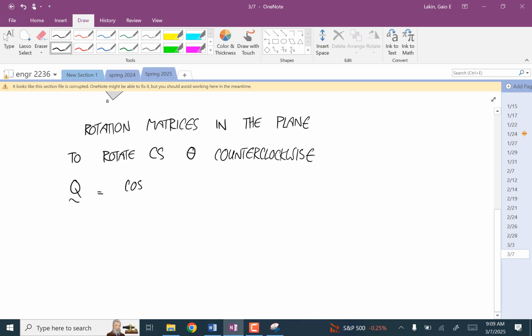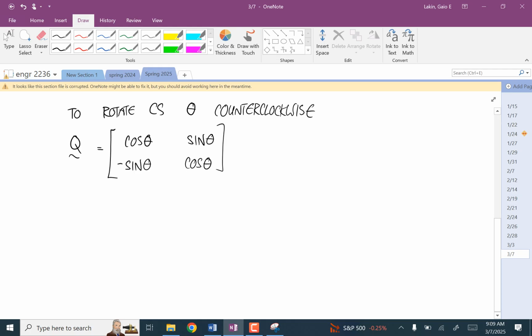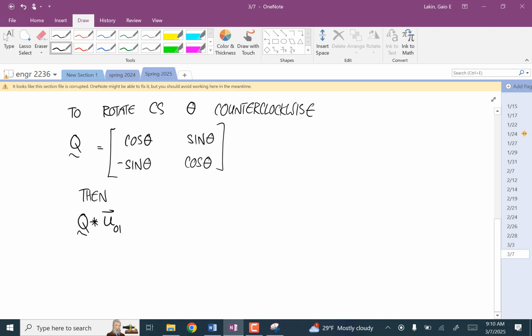This always works: cosine of theta, sine of theta, negative sine of theta, cosine of theta. Calculate that matrix, and then you can just multiply it. Your calculator will do it. This matrix on the left multiplied by any vector in the old coordinate system gives you the vector in the new coordinate system.